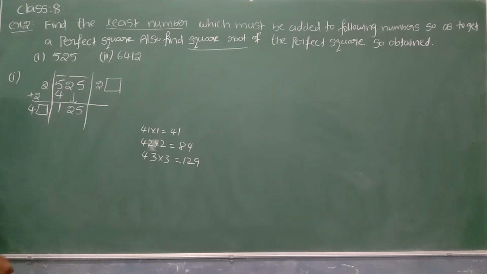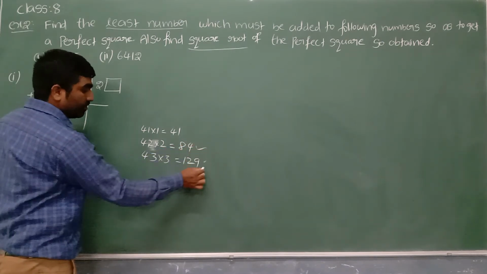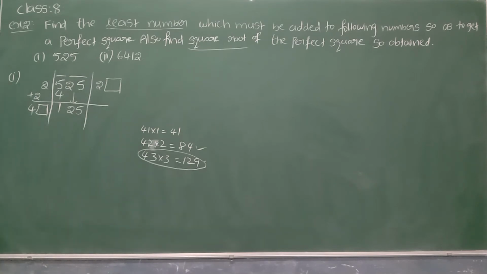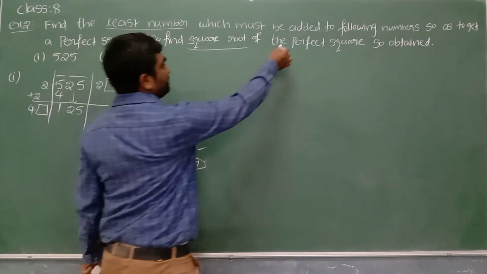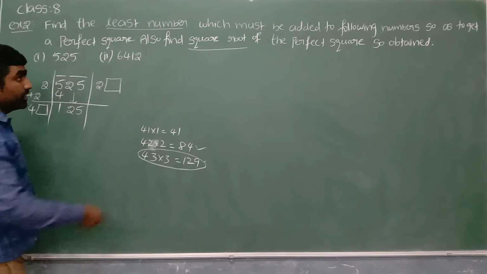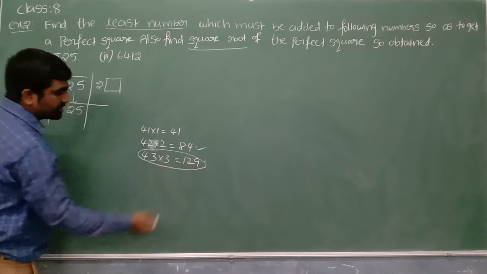Now should I go with 84 or 129? We'll go with 129. Just now I said we should take the next number when they are asking what number we can add. In the place of 125, I have 129, which goes exactly and gives remainder 0, and we can say it is a perfect square. So when they are asking what number we can add, we take the next number.